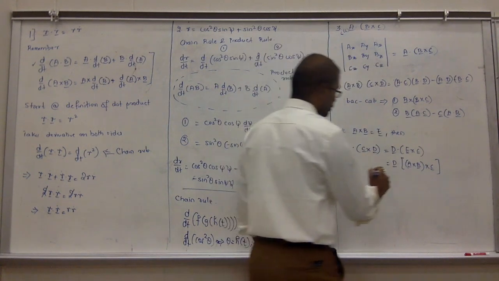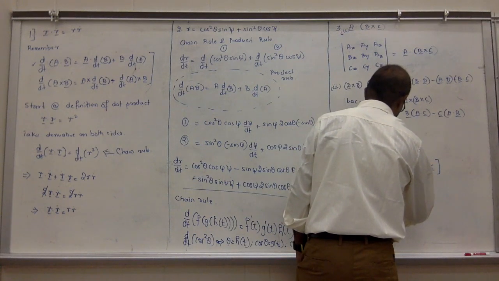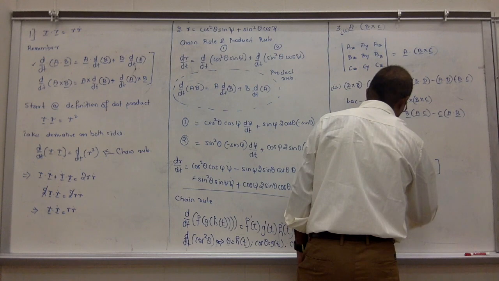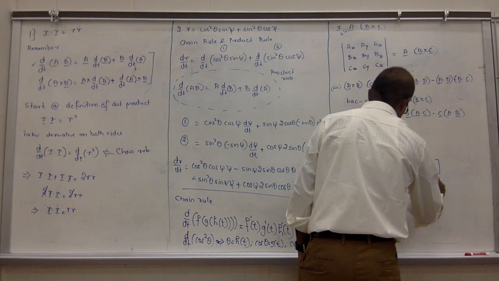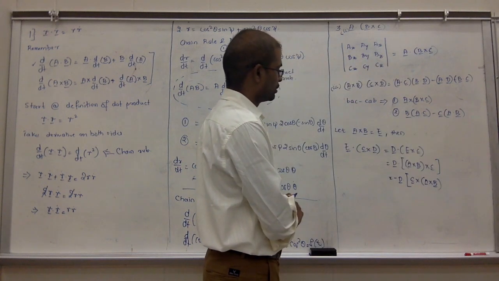Again, what you need to do here is this will become minus D dotted with C cross A cross B.